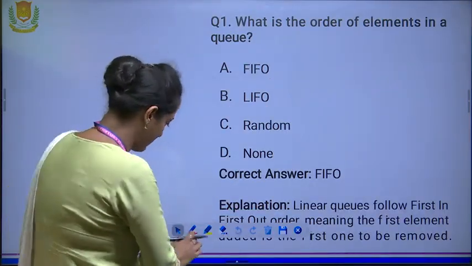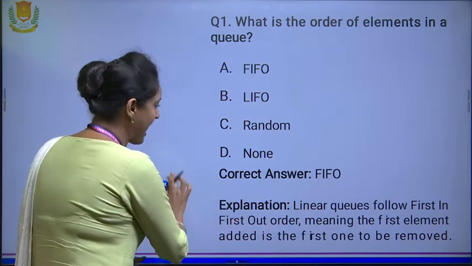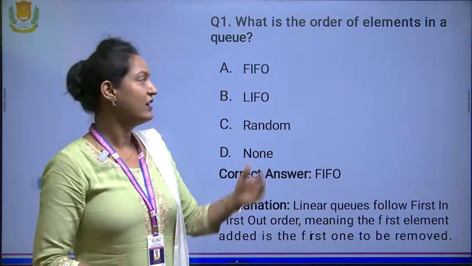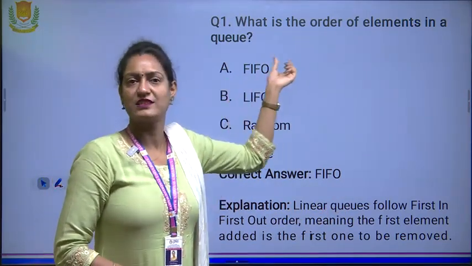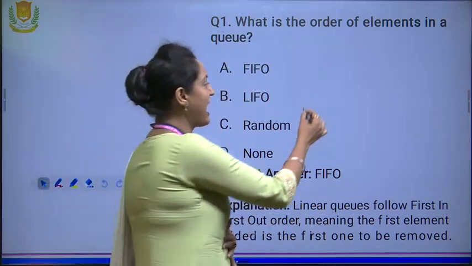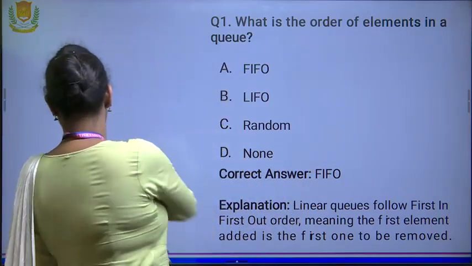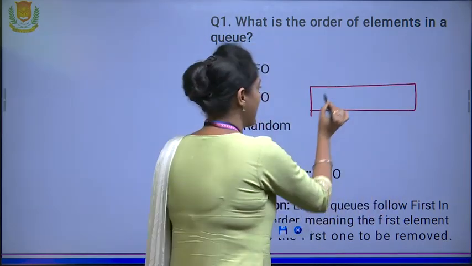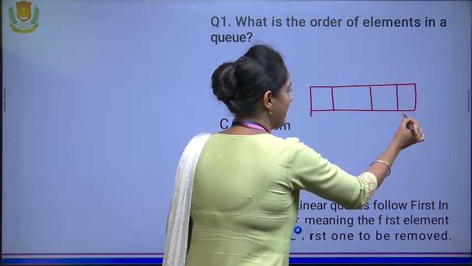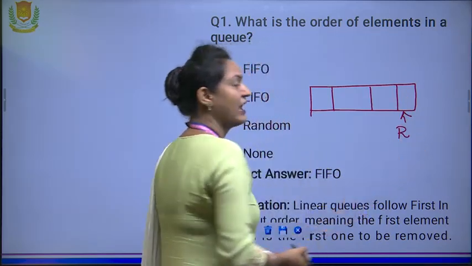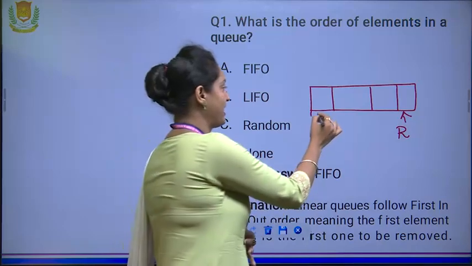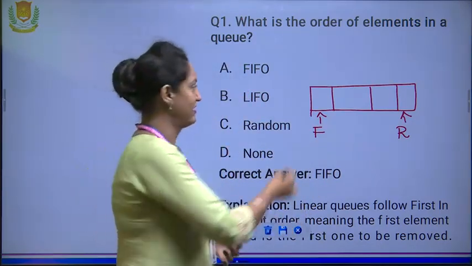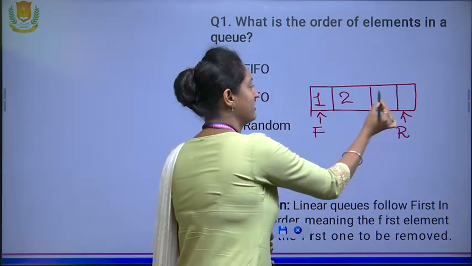So here we have our answer. The answer is FIFO. What is FIFO here? FIFO is the first in, first out method, because we have a queue like this, and we have 2 ends. One end is known as rear and the other end is known as front. From the front side we will delete an element. Maybe we have these elements.